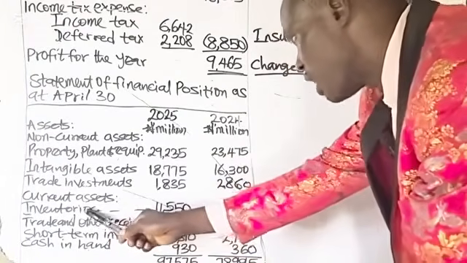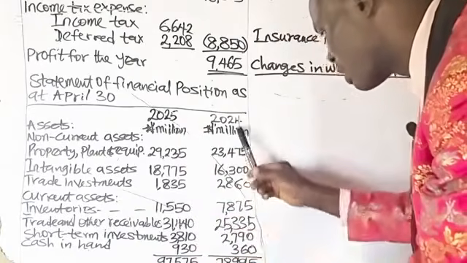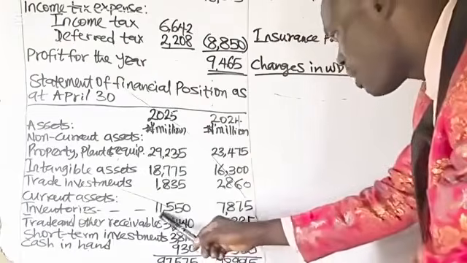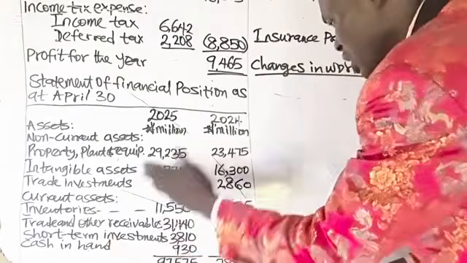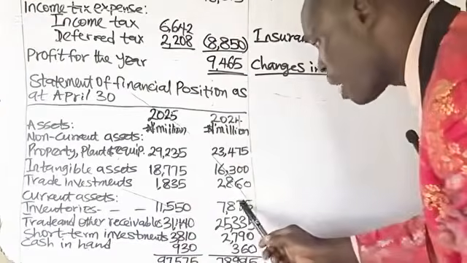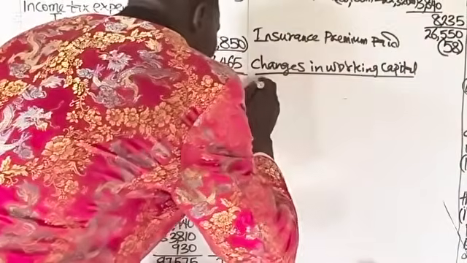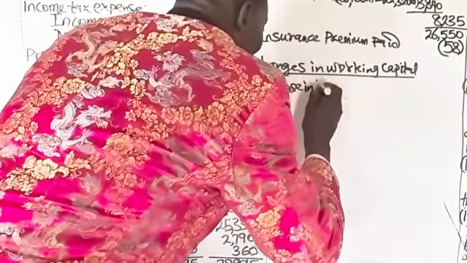The first thing, you have inventories. That of 2025, we have 11,550. 2024, 7,875. The 2025 figure is greater than 2024. Since the current year is greater than the previous year, that means you have an increase in inventories.